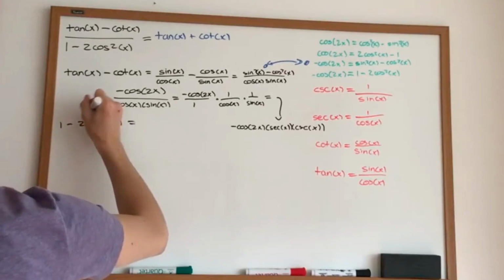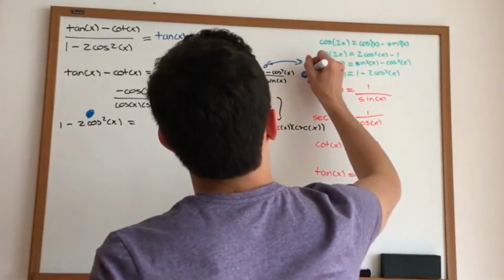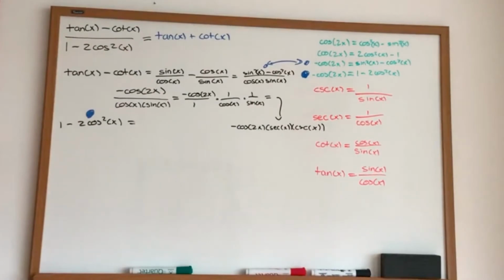The divisor of the original equation, we can convert it into minus cosine of 2x.